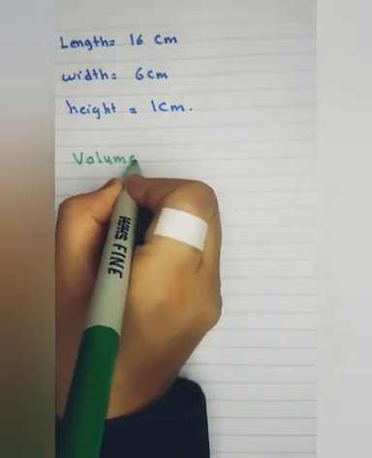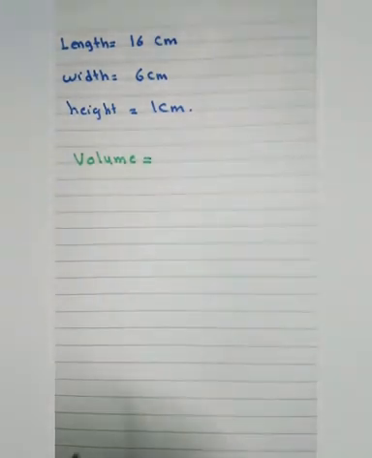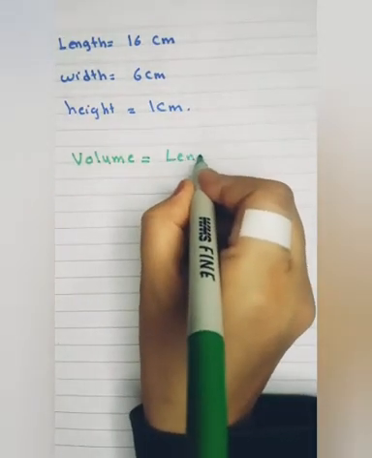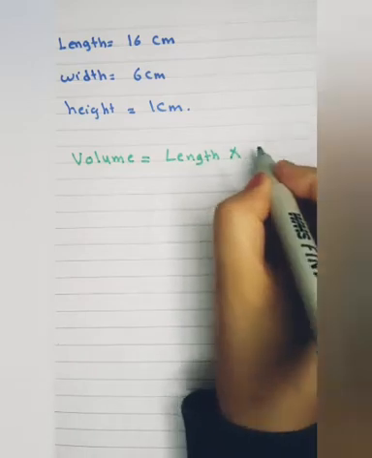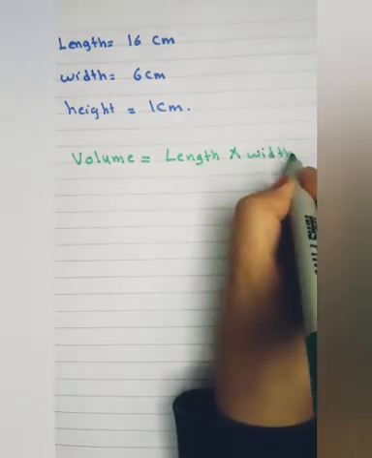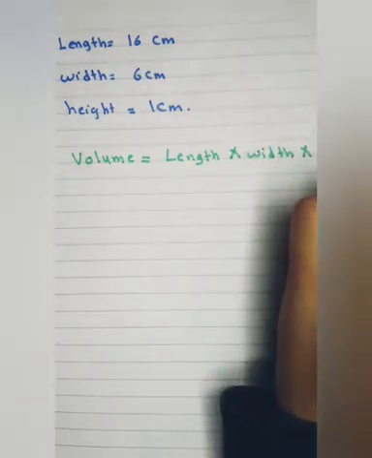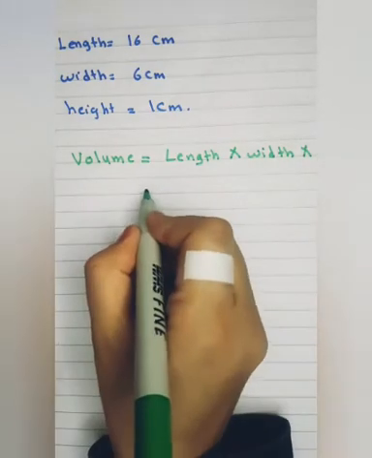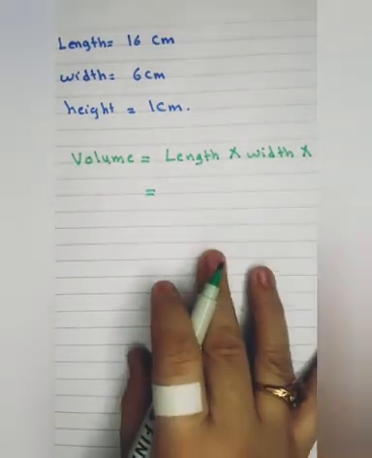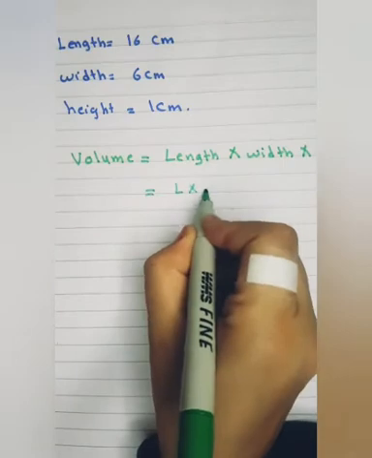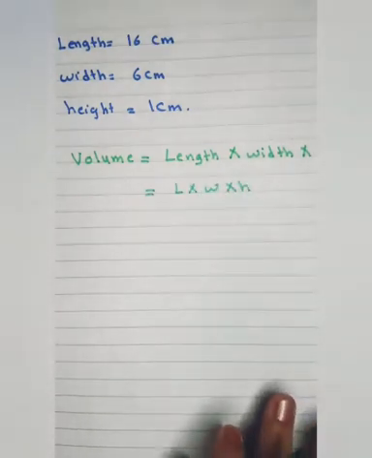Volume of regular solid body equals length times width times height. And we can write it in a simple way in symbols: length times width times height.